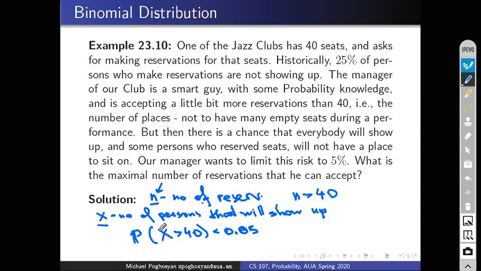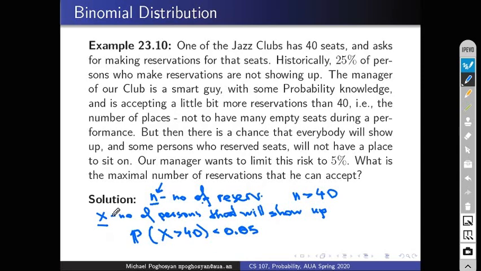Now we need to think about the distribution of X, the number of persons that will show up. Here, of course, we need to make some assumptions. The assumption is that the fact that a person will come to the club or decide not to go is independent for different persons.